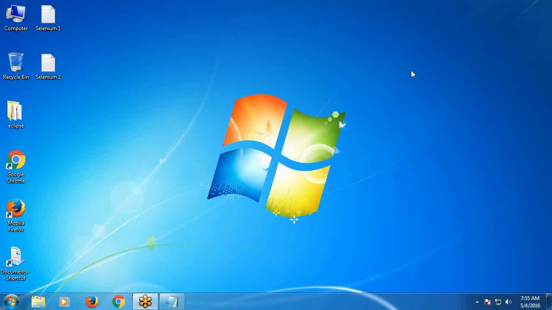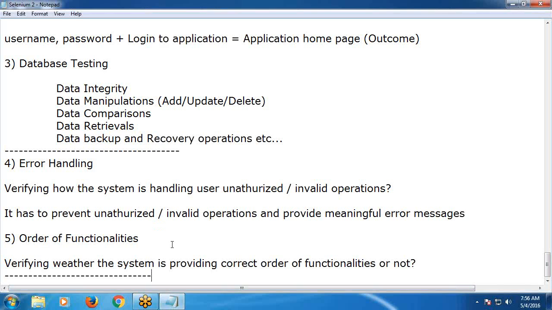We have input domain coverage, output domain coverage, database testing, and next, fourth one, error handling. And the last one was order of functionalities. Yeah. Concentrate.